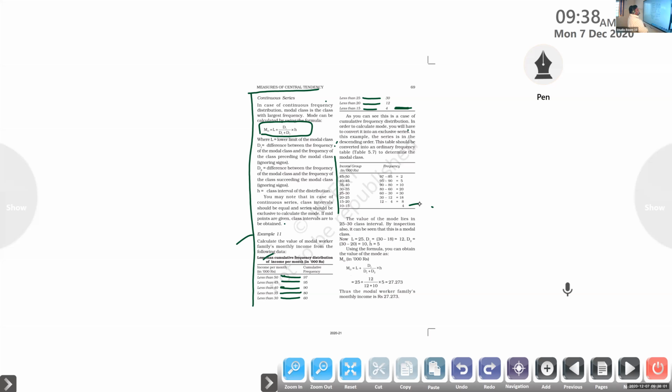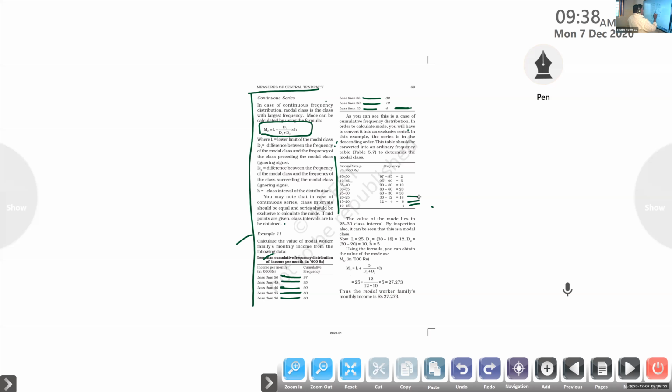How many are there? That is 12 minus 4, 8. Next class interval, 20 to 25: 30 minus 12, 18. Clear? You know how to calculate this, right? We already did this when we discussed the ogive.